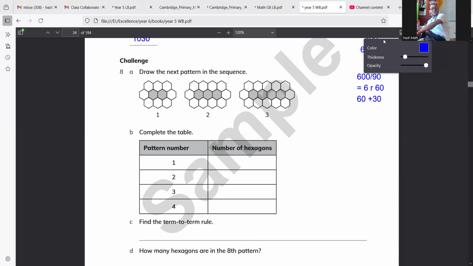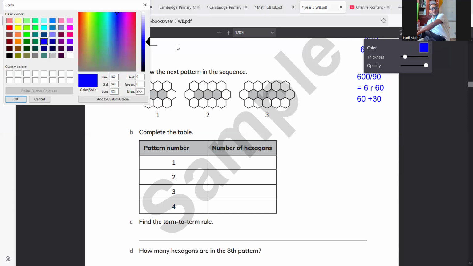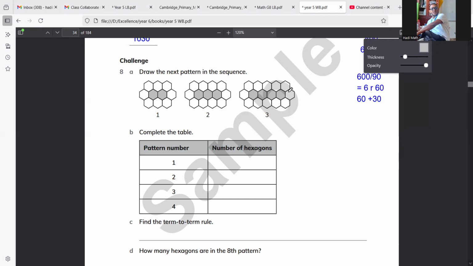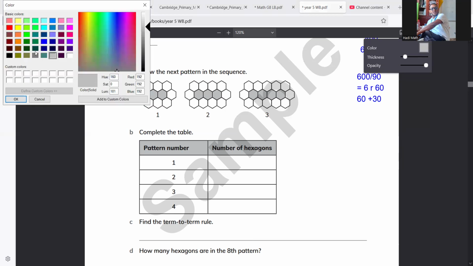So in a very easy and short way, if I just want to find the next term on this one, all I need is to shape this pattern to make the shaded part 4. We need to shade this one.